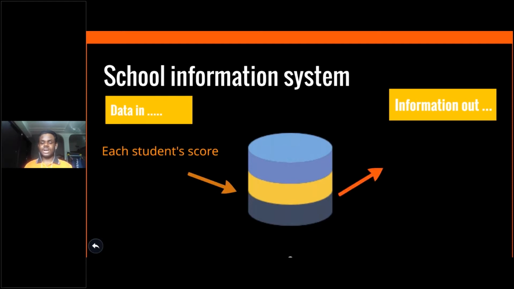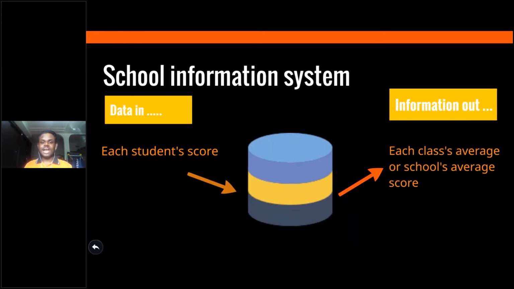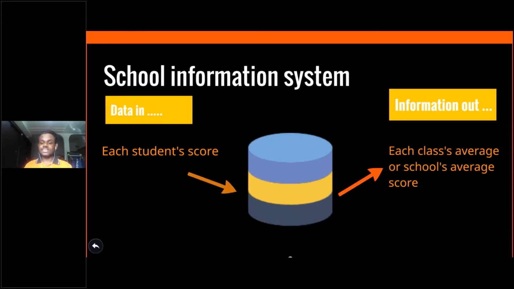What we want from the data is each class's average or the school's average score, which means data processing has been done, and the final output is the information that we want, which is each class's average or school's average score. I hope that explanation has cleared your mind.